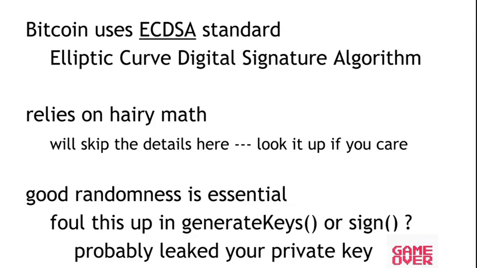But it's a quirk of ECDSA that even if you use bad randomness just in making a signature using your perfectly good key, that also will leak your private key, and then it's game over. So we need to be especially careful about this in practice. This is a common mistake. So that completes the discussion of digital signatures as a cryptographic primitive. And then in the next segment, we'll move on and talk about some applications of digital signatures that will turn out to be useful in building cryptocurrencies.